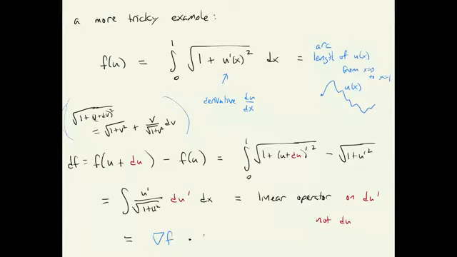Somehow I have to get a du and not a du primed. We just saw this in the first hour. If you have an integral with a term that has a derivative and you don't want the derivative, what can you do in first year calculus? Integrate by parts.